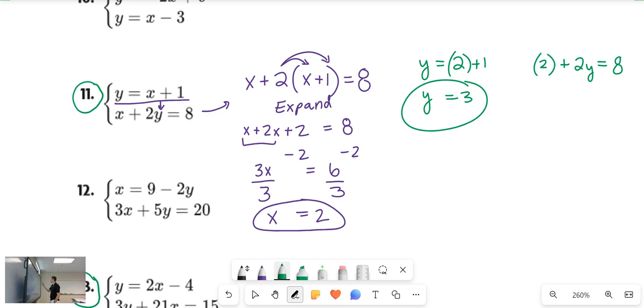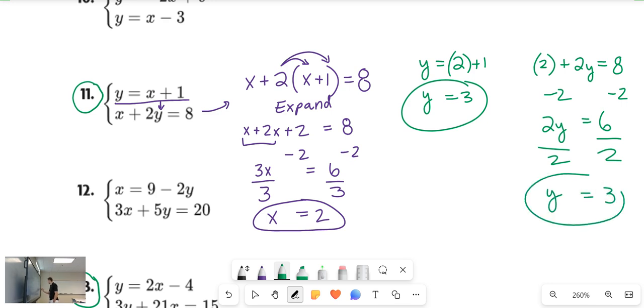Let's subtract 2 from both sides. Minus 2, minus 2. We get 2y equals 6. And now divide by 3. Divide by 3, what am I saying? Not divide by 3, divide by 2. There we go. Divide by 2 on both sides. Then we should get just y equals 6 divided by 2 is 3.